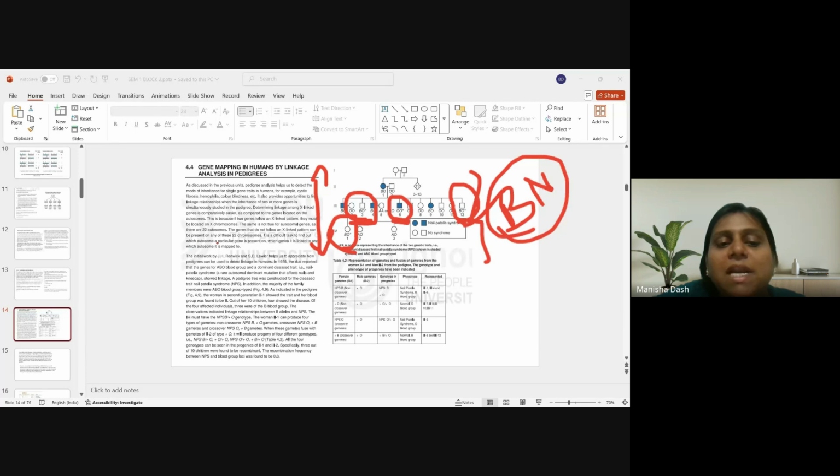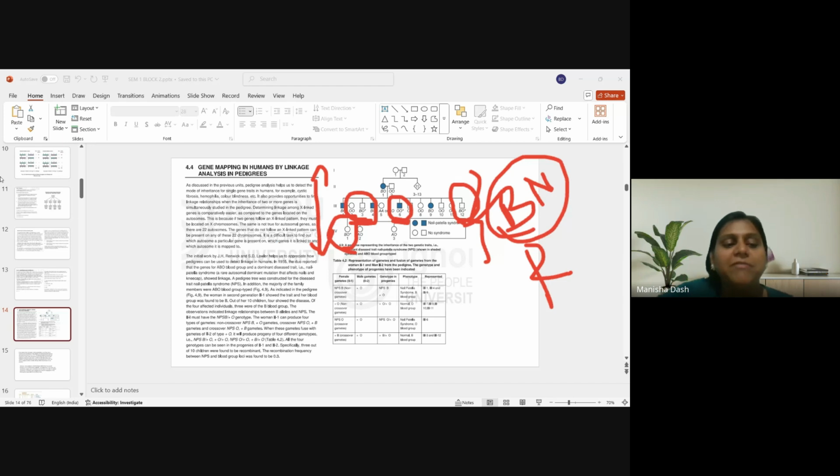So these 4 individuals are regarded as recombinants, because in their parents blood group B was associated with nail patella syndrome, but in the subsequent progeny there is no connection between them; the two characters have been separated by recombination.